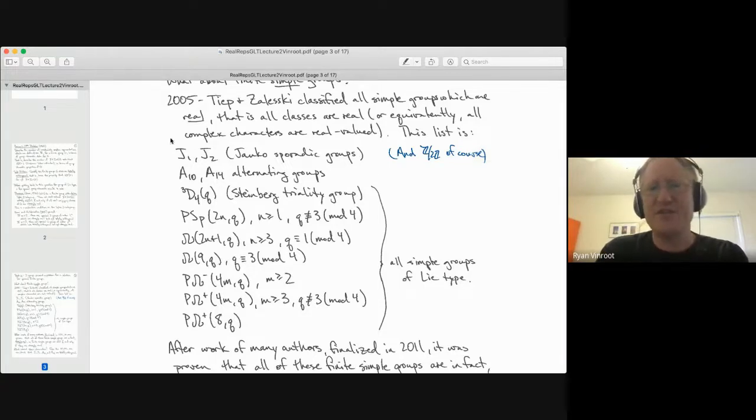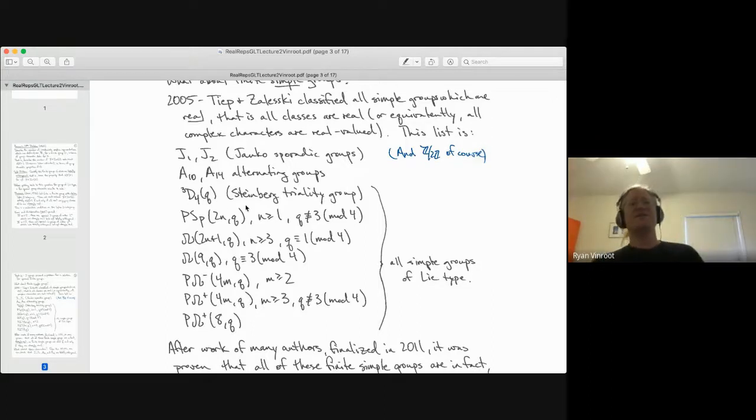So first in the list, there's just two sporadic groups, these J1, J2 Janko groups. I don't know much about them. I only know the list of sporadic groups. Only two alternating groups. Most alternating groups have elements that are not real, most of them. So just two of them are strongly real.